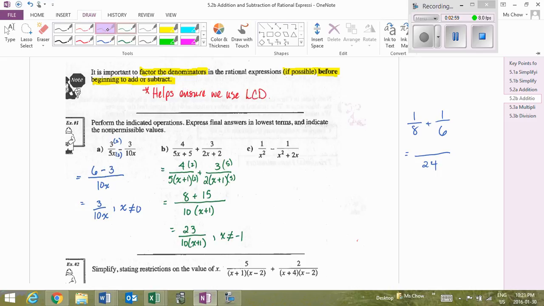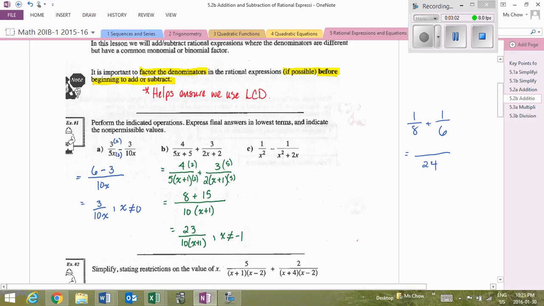Looking at the last one, then, again, we have a common factor here in the second one of x, and so we'll factor out x, so leaving us with x plus 2. So here, then, our common denominator is going to be x squared, or x times x plus 2, which means we want to multiply the left one by x plus 2 over x plus 2, and on the right we just need to multiply by x and by x.